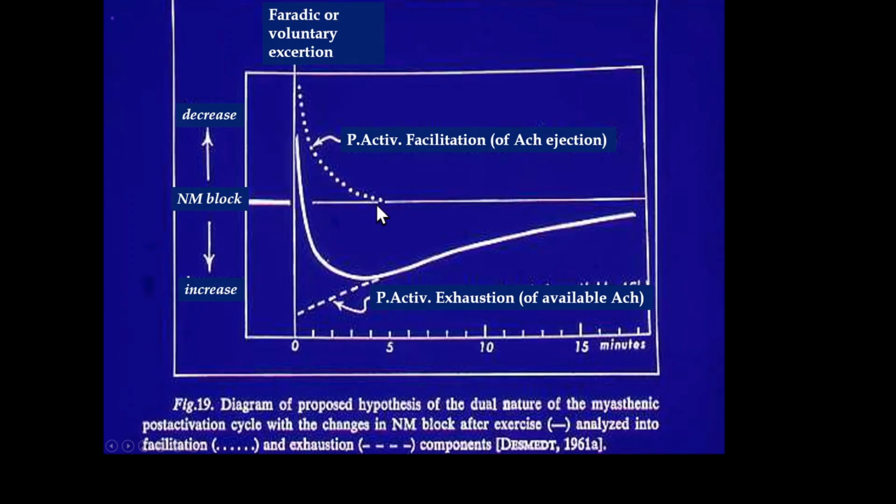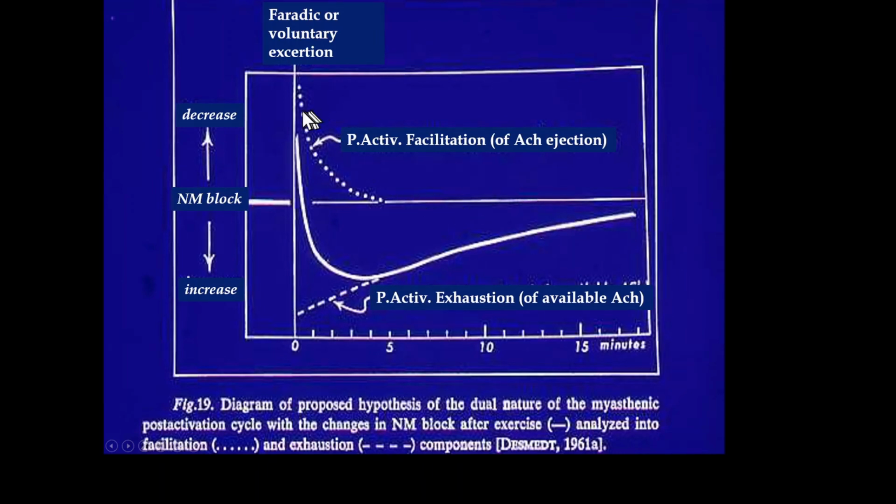That is relatively short-lived. And then during the activation we have an exhaustion of the stores of acetylcholine, and therefore we end up with a depression of the transmission that is recovering very slowly.